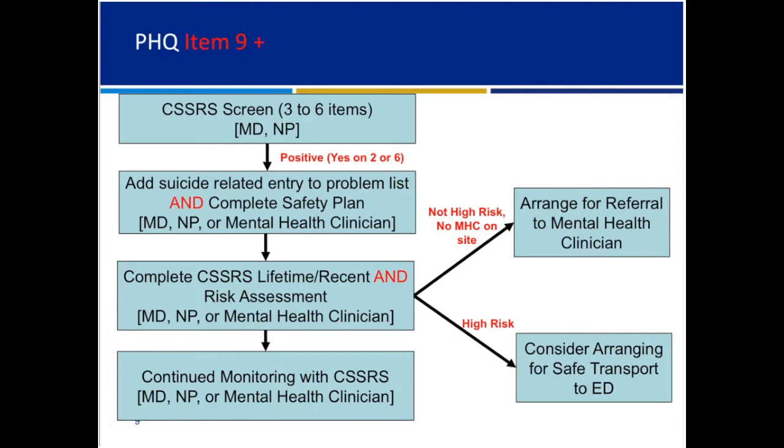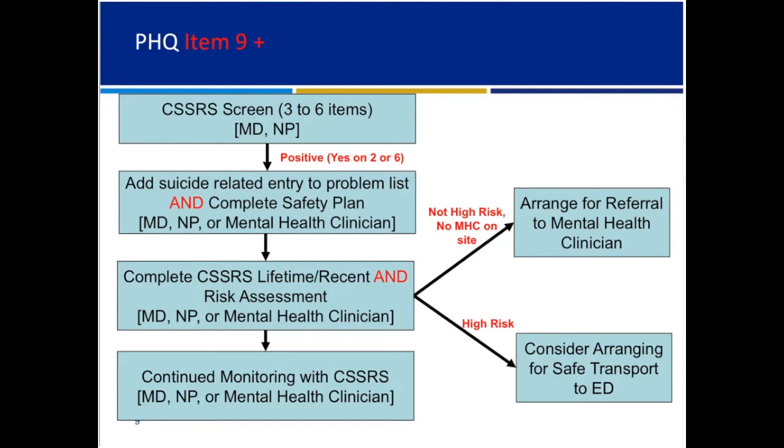So the PHQ-9 is used as a routine screening instrument for depression in these clinics, and if the person is positive on the item 9, the suicide question, then this automatically triggers the clinician to also administer the Columbia Suicide Severity Rating Scale screening version, so the CSSRS screen. This screening has 3 to 6 items that further assesses the patient's suicidal thoughts and suicidal behavior.